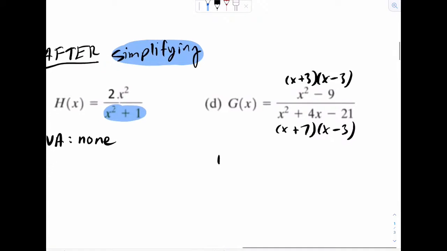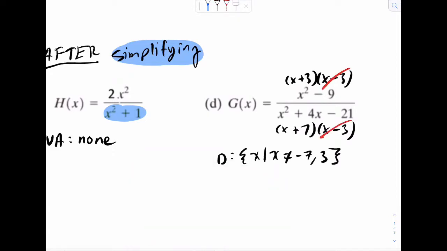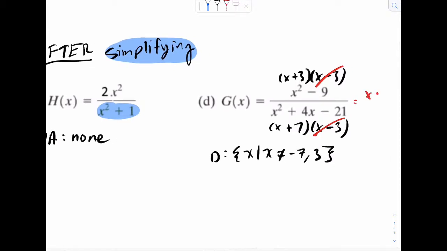Now if I ask for the domain, you would simply say it's x such that x cannot be -7 or 3, just like you did earlier. However, for the vertical asymptote, you have to simplify it. So you're going to get rid of these x minus 3's, and now you look at what's left. This is your simplified function, right there.